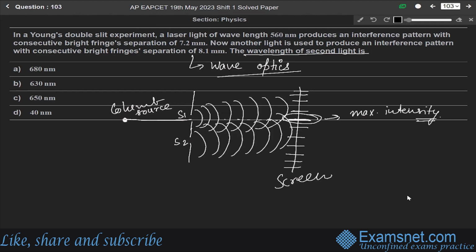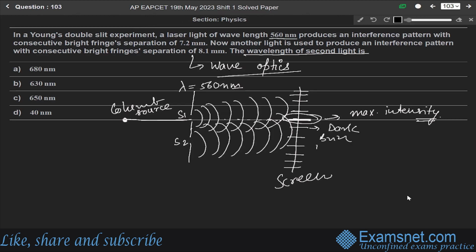So this happens in an interference pattern, and in this question we are given the wavelength 560 nanometer, which means the coherent light coming from this coherent source has a wavelength of 560 nanometer. And for the consecutive bright fringes, let us say this one is bright, then this one will be dark, another bright, another dark.